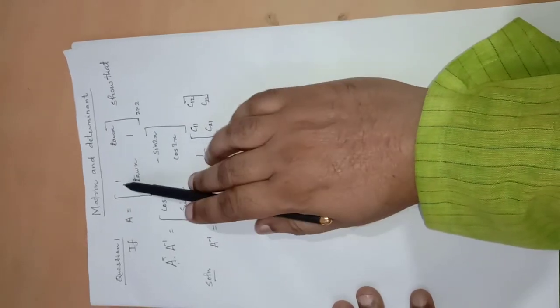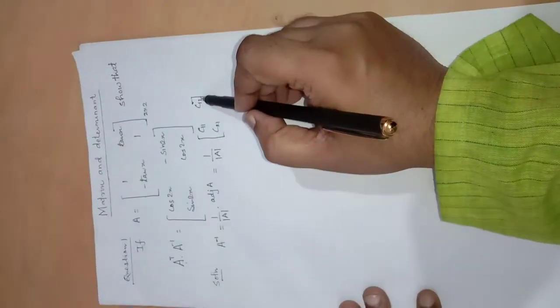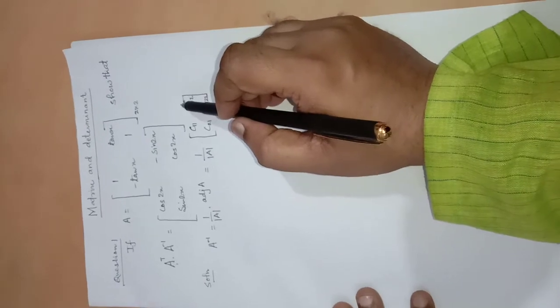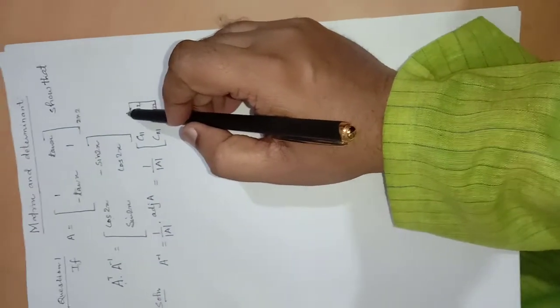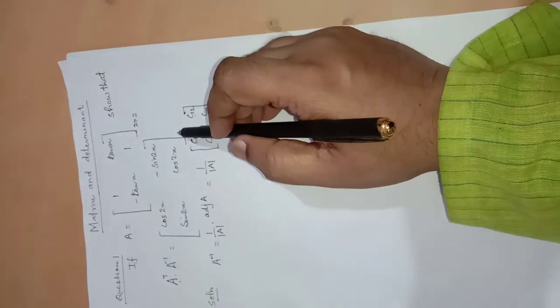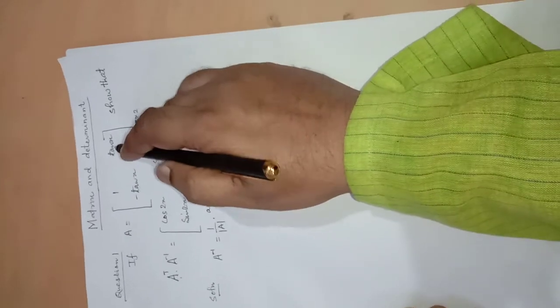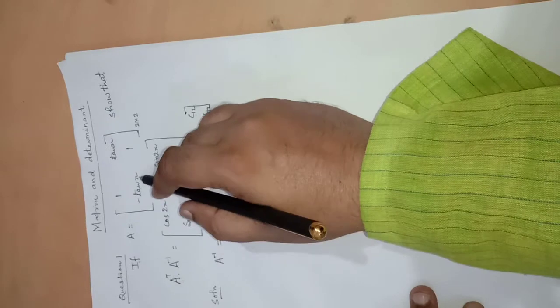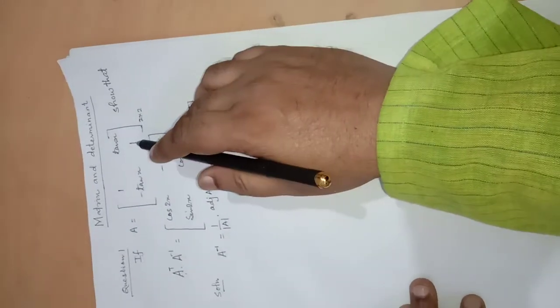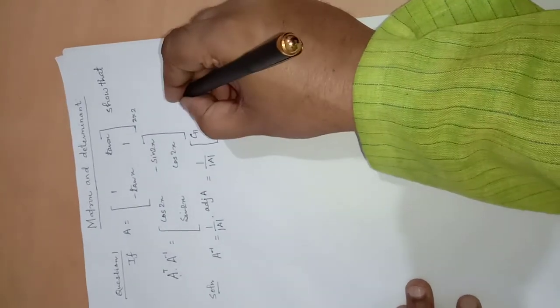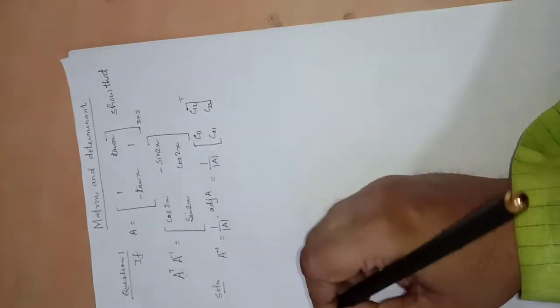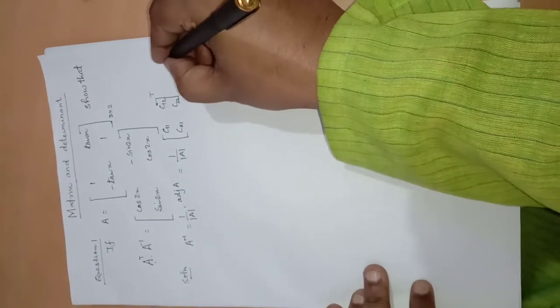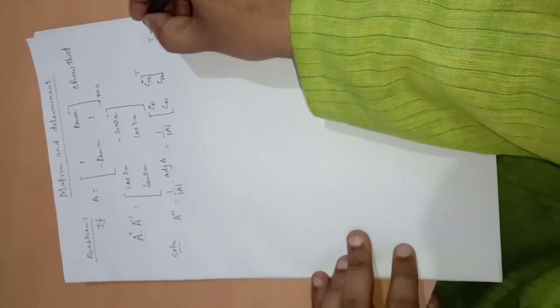C11 is the cofactor of 1, C12 is the cofactor of tan x, C21 is the cofactor of minus tan x, C22 is the cofactor of 1. And now we will take the transpose of this. We can denote transpose by T or dash also.